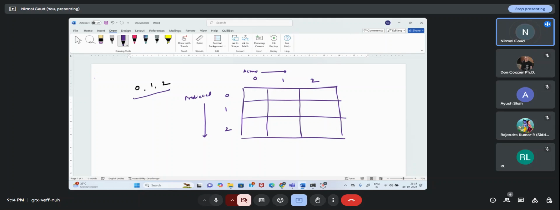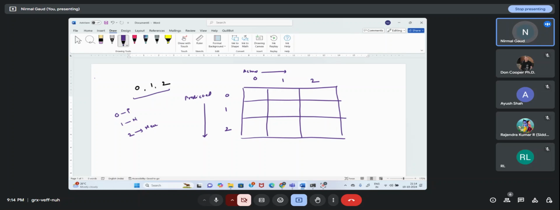Okay, now it is not mandatory that you always say 0 is positive, 1 is negative, and 2 is, what are you going to give 2 here? Neutral.